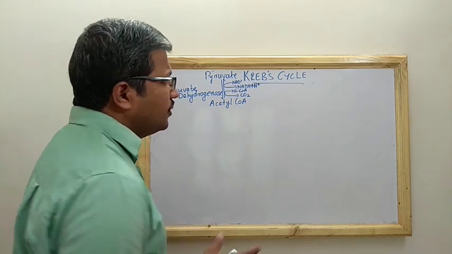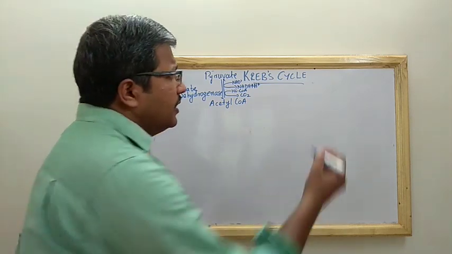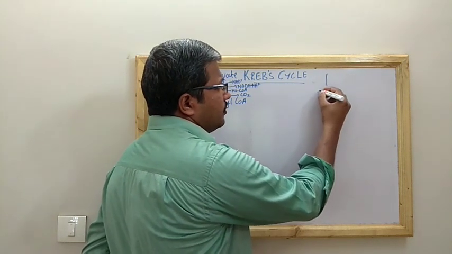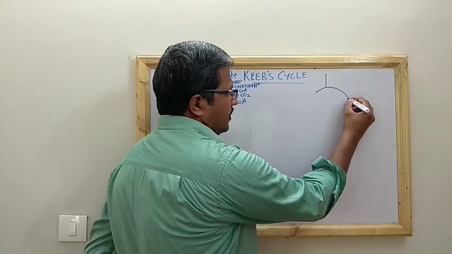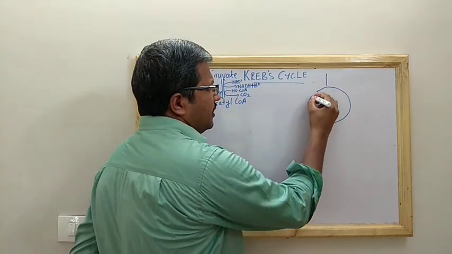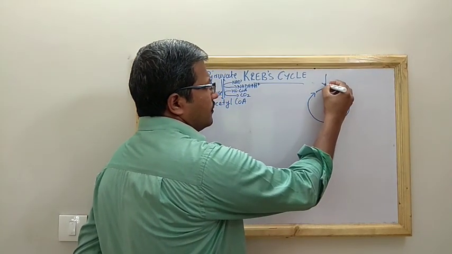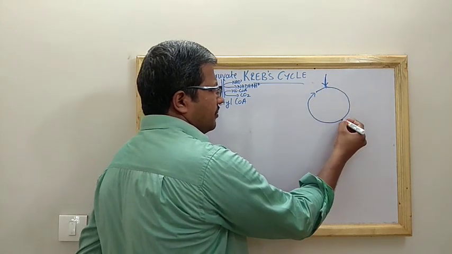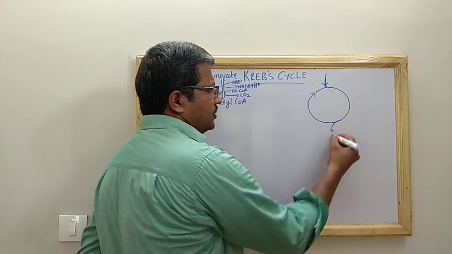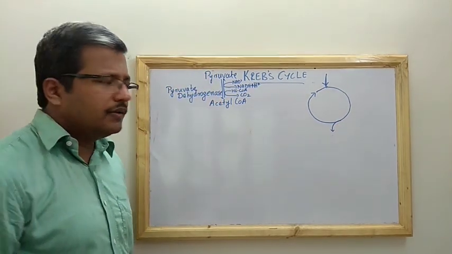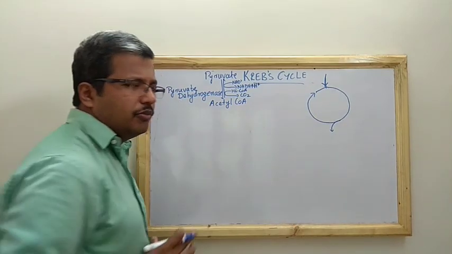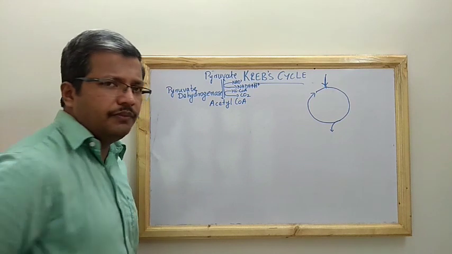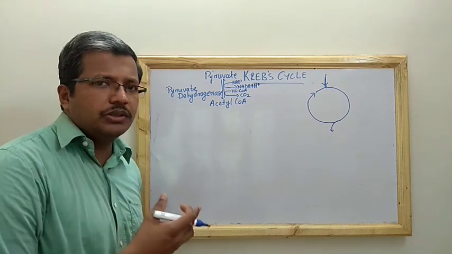You have to keep in mind one more thing, that when you draw the reactions, the Krebs cycle should be in this way. Acetyl coenzyme A is entering, some cyclic reactions are happening, and something is releasing out. It will be like this. I will just be drawing in the linear form only, but make sure that you are adding each and every component in the circular fashion, in the form we watched in the briefing, right?